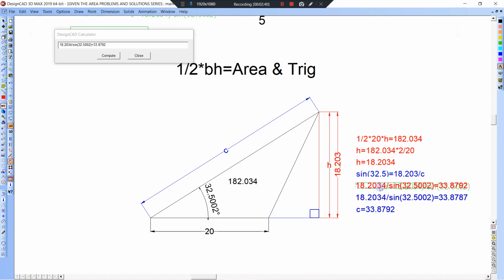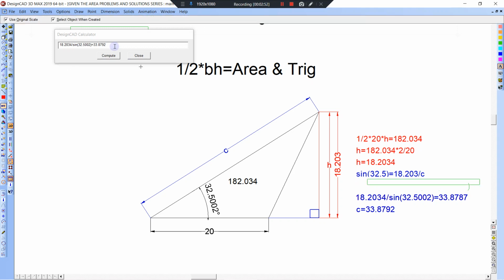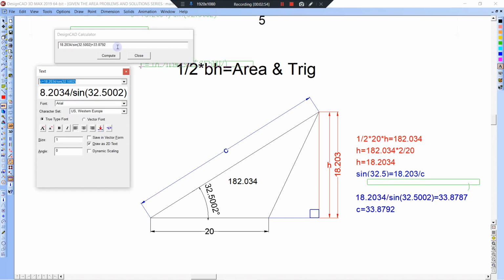So now we have what we had, okay, so that's exactly what we had, 18.203. I just didn't show the step of saying C is equal to, Control V, that's what we were looking for.